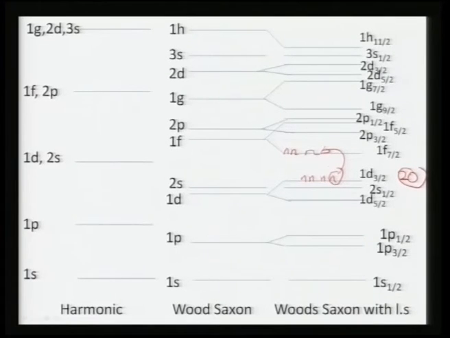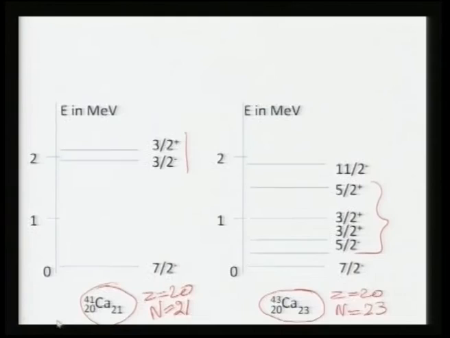But so many things, and look at the energy differences, so many extra levels coming in at calcium 43. This 3/2 level is at this height, a little lower than 2. Before that you have 5/2 minus, 3/2 plus, 3/2 plus.